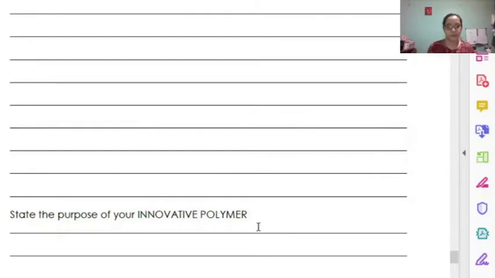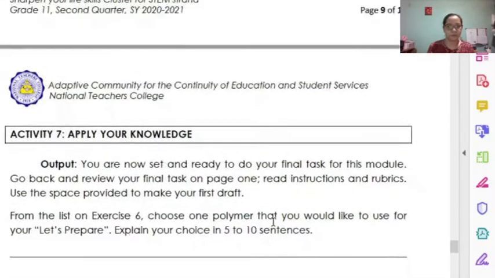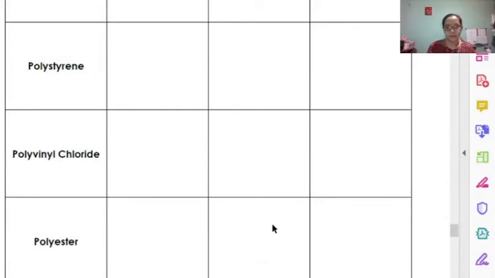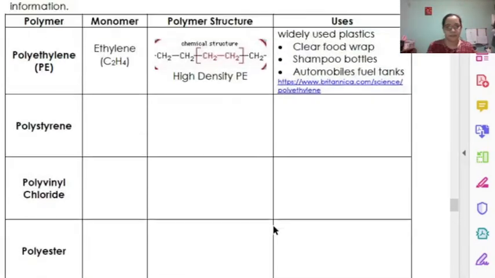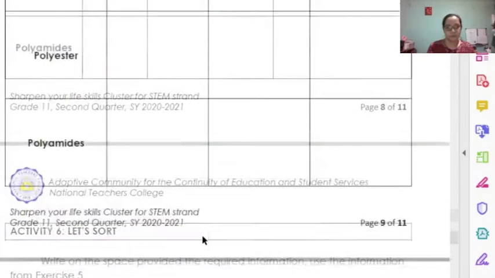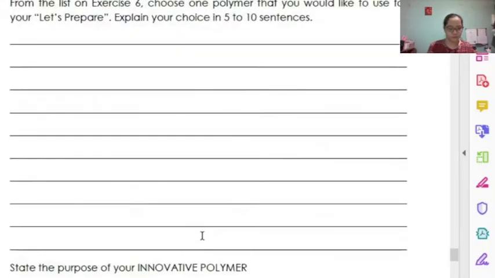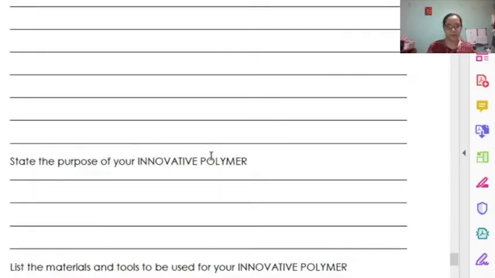So if, for example, the polyethylene is widely used as a clear food wrap, where can I still use it? So that will be for state the purpose of your innovative polymer.